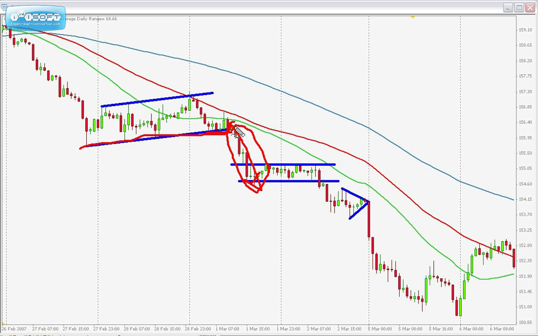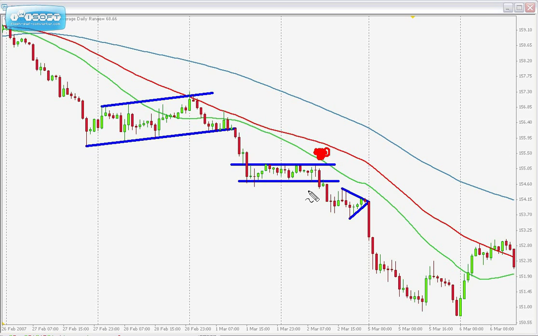Then this swing down ends in another area of congestion. In this part of the chart, in all fairness, we don't quite hit the area of dynamic resistance. So depending on how strict you are with your entries and your setups, perhaps you wouldn't have taken this trade.